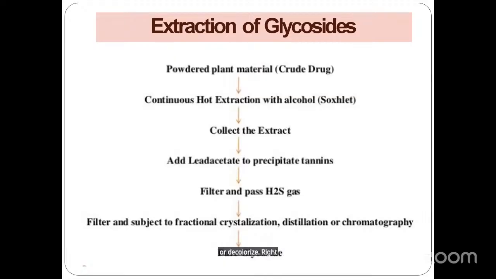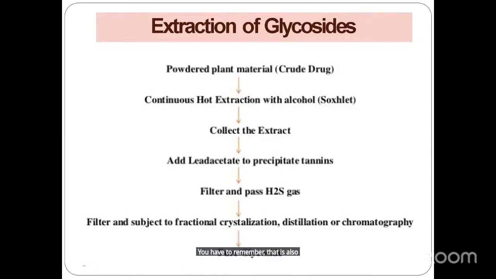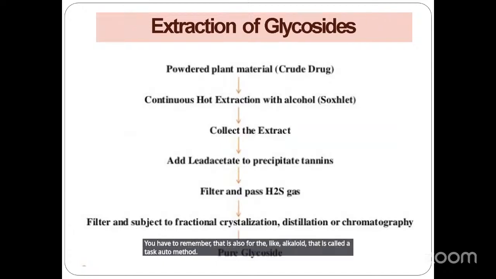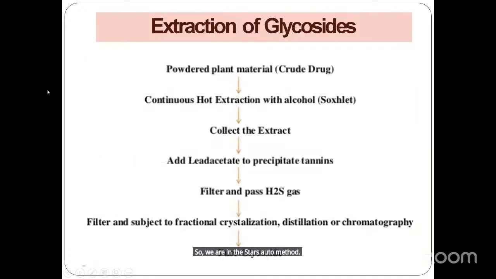The method which can be used for the extraction of the glycoside, and also for the alkaloid, is called the Stas-Otto method. There will be a question asked on that. In the Stas-Otto method, you take the powdered plant material, crude drug, and extract with alcohol in the Soxhlet apparatus. Collect the extract, add lead acetate to precipitate tannins, filter and pass H2S, hydrogen sulfide gas.